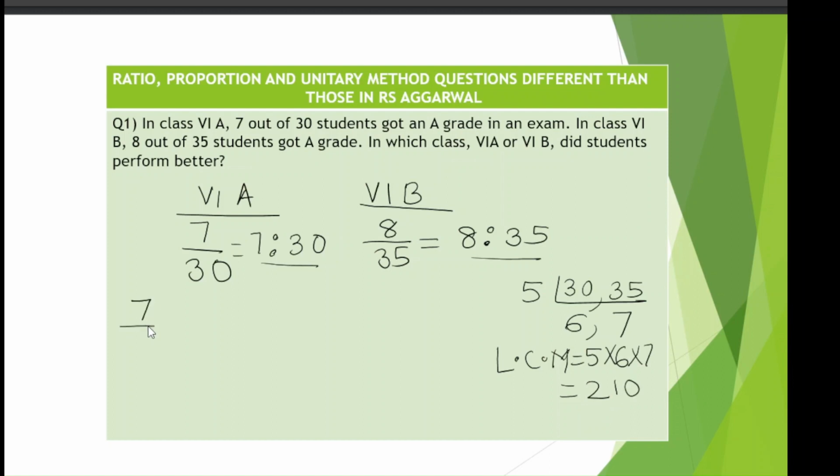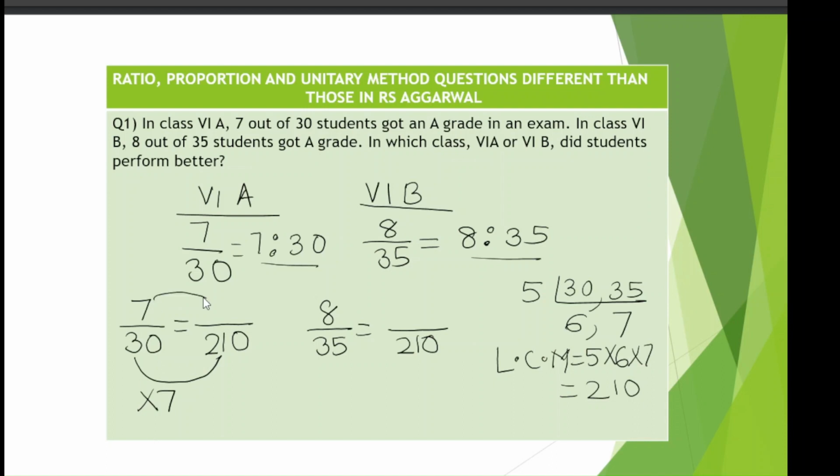Let's do that. 7 by 30 is equal to, denominator has to be converted to 210 in both the fractions or both the ratios. Then only we can compare the numerator and understand which ratio is the larger one. So if I multiply 30 with 7, it will become 210.